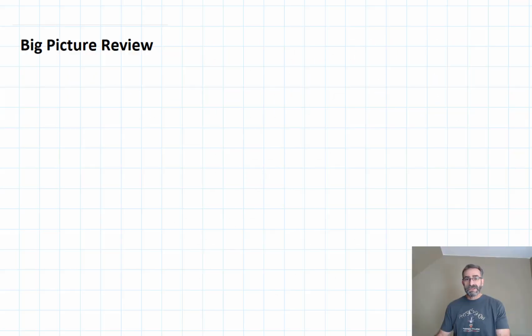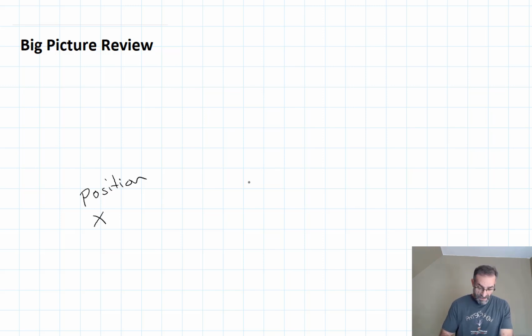I think now is a good time to do a big picture review of everything we've learned so far. We'll start with position. We use the symbol X for position, and what are our units? Meters.